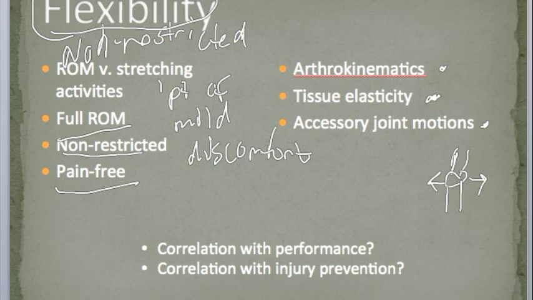And the question always comes up, is this correlated with performance in a sport? It's not necessarily correlated with sport performance unless it's something that is required for the sport. So gymnastics, diving, those sports where you're bending yourself into strange shapes, then flexibility is going to benefit you in your performance.